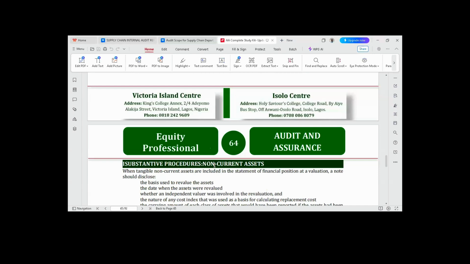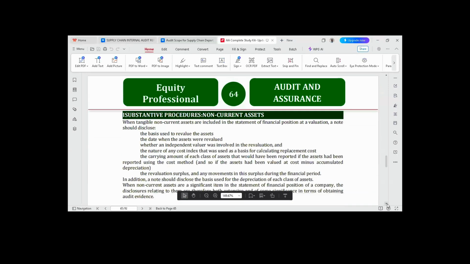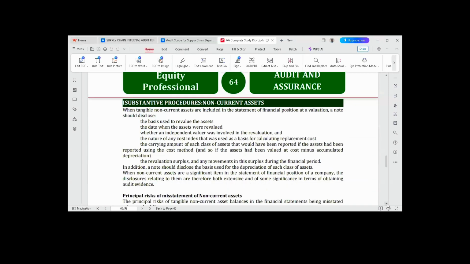Remember when we talked about audit risk, I made mention of the components of audit risk. One of them is inherent risk, that is, by their nature, some transactions and account balances are susceptible, prone to manipulation.